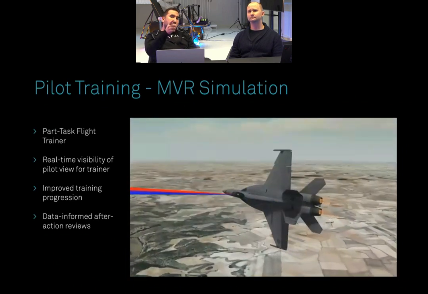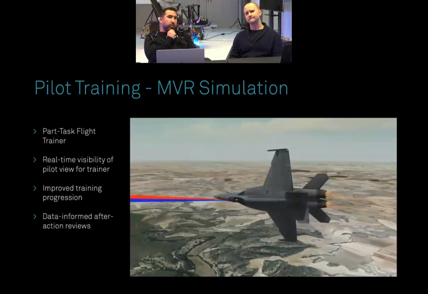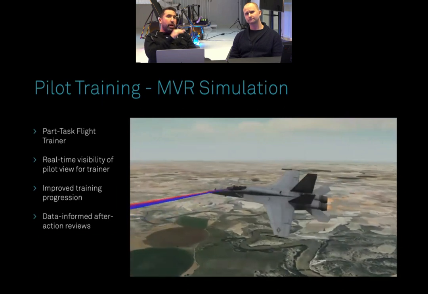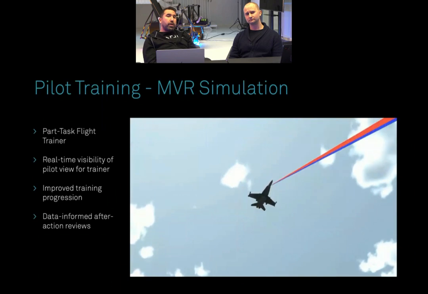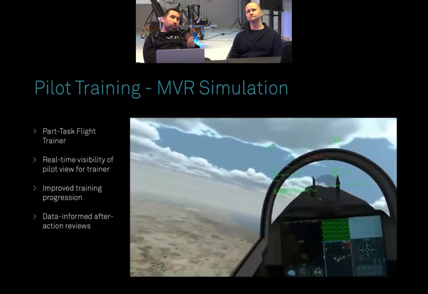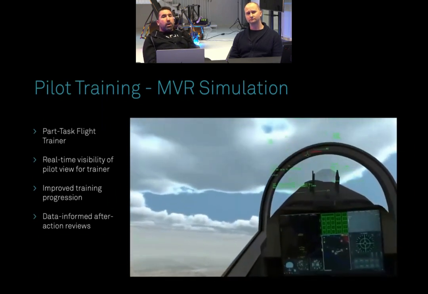As you see in the video, there are these blue and red rays going out from the cockpit, and those are the representations of the pilot's head and eye at the same time.